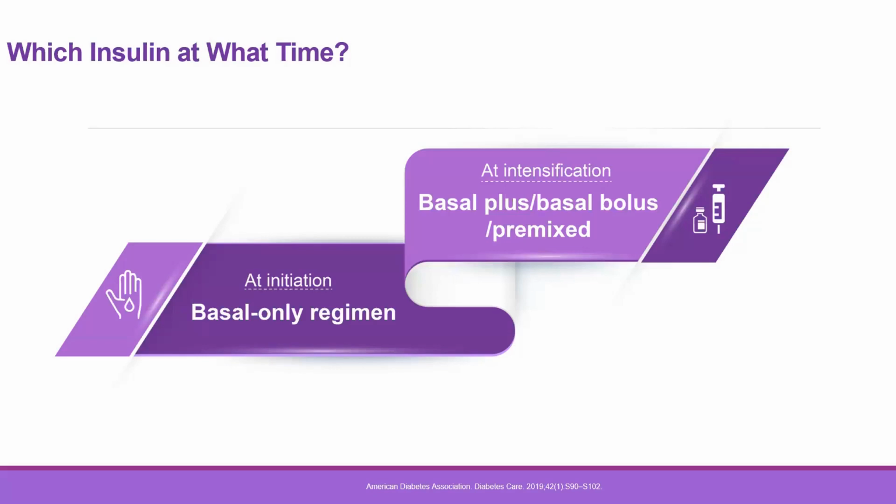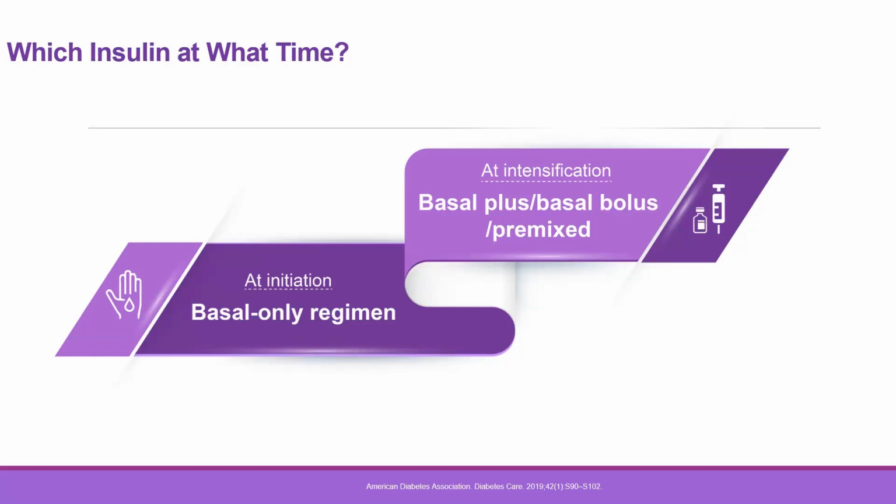Usually we don't treat patients with regular insulin from the beginning, because if you give regular, you have to give three shots, and also the fasting will remain uncovered. So therefore, we have to consider the other varieties. Whether we give a basal insulin, or the premixed insulin, or basal plus or basal bolus insulin. So what will we give?